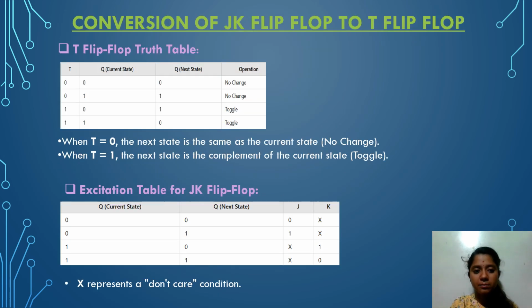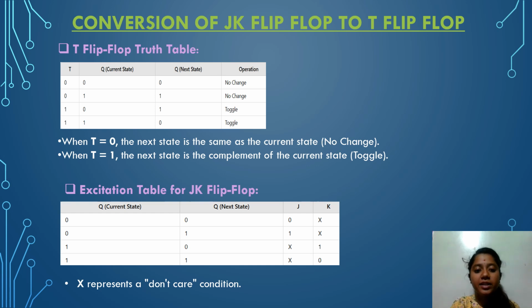Now coming to the main part of the video, that is conversion of JK flip-flop to T flip-flop. Here the T flip-flop truth table is given. From that truth table we can understand that when T is equal to 0, the next state is the same as the current state, there is no change. But when T is equal to 1, the next state is the complement of the current state, that is, it toggles.